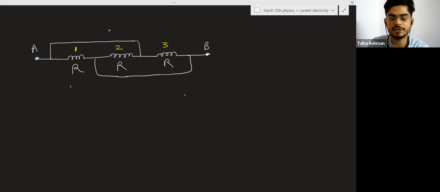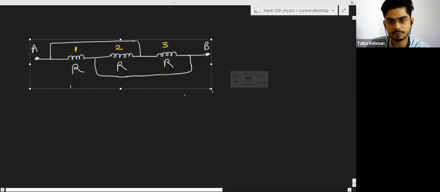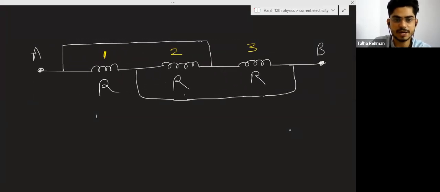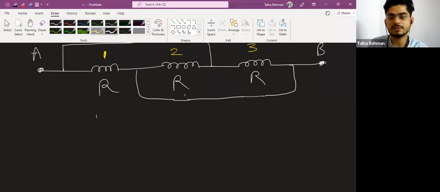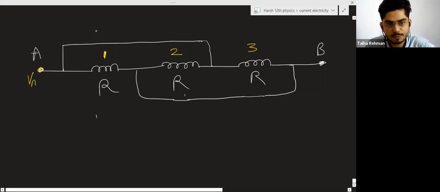Right now we don't know anything, but we know certain things about the potential, and I have told you this in capacitance also, when capacitors are connected in parallel and when resistances are connected in parallel. Suppose this is a point A, the potential here is VA.